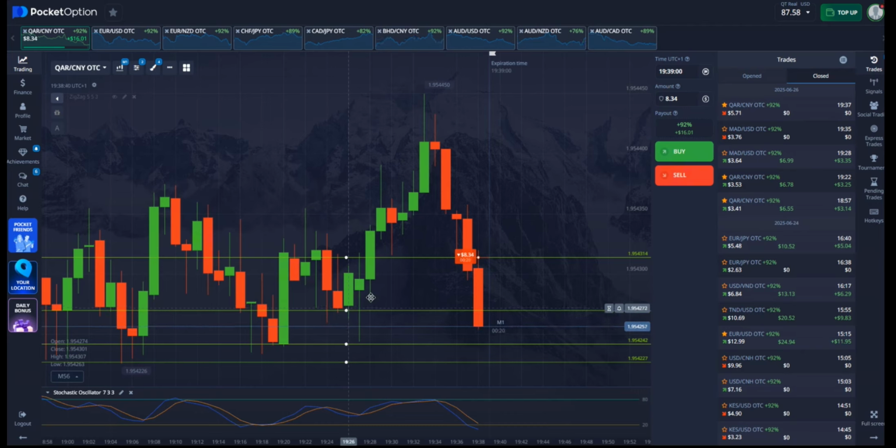This is one of the strategies I use when I see a candle with a long wick. The longer the wick, if it breaks it like this, you are seeing a strong movement. If a candle breaks it, just take a continuation trade.